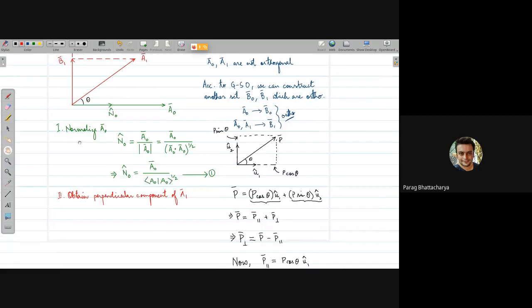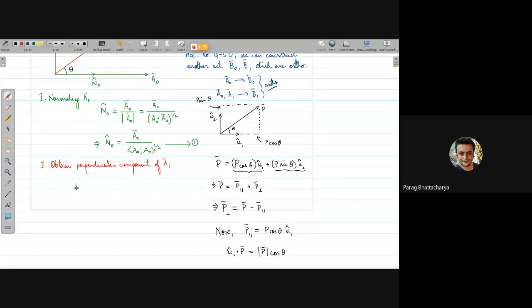That's what we are trying to obtain here. So this b1 is what we want. And what is this b1? b1 is a1 perpendicular.